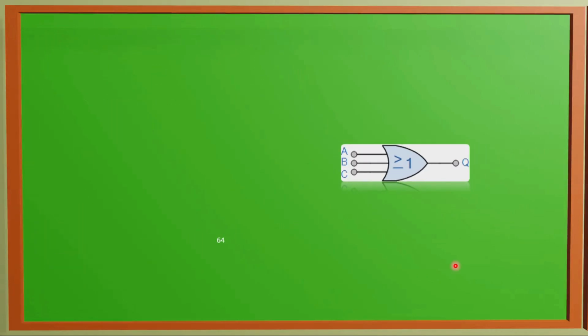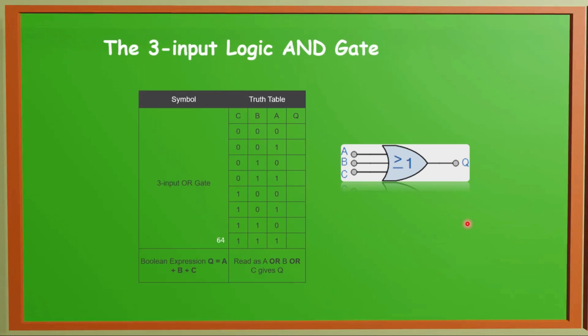So this is about the OR gate. There may be a 3 input OR gate. Except for the first one, all the input combinations will give 1 as output because there is a single 1 in all other stages. So this is about the 3 input OR gate.